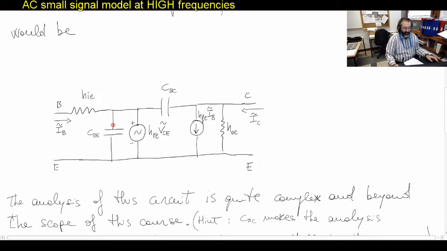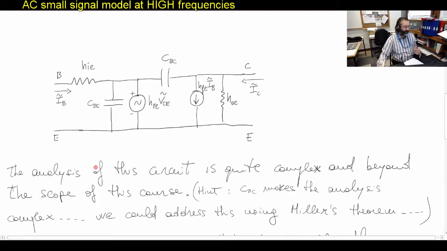As you can see, there is now a capacitance between the base and the emitter, and a capacitance between the base and the collector. Analyzing this type of circuit for a true amplifier application becomes extremely complex, especially because of the presence of this bridging capacitor, and is obviously beyond the scope of this course.